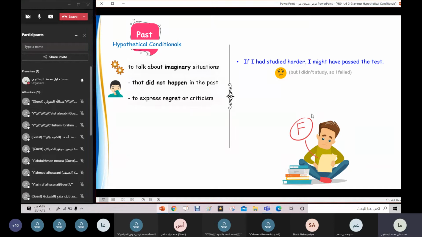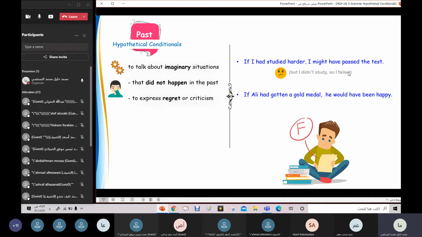Look at the second example. If Ali had gotten a gold medal, he would have been happy. You realize for the if clause here we have the past perfect, had plus verb 3. The second part, the result clause, we use might or would plus what?